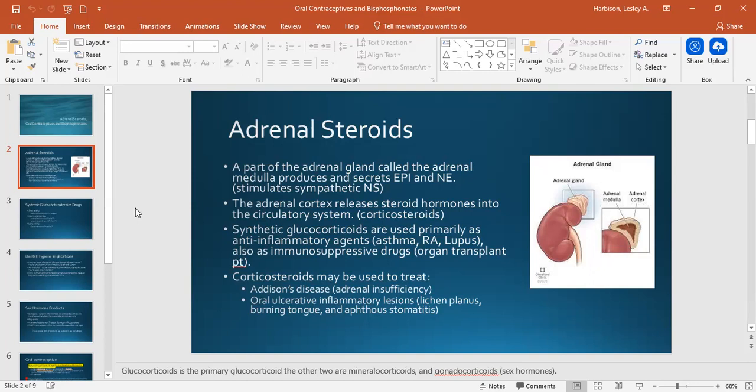Also as immunosuppressant drugs used for organ transplant patients. Corticosteroids may be used to treat Addison's disease, which is adrenal insufficiency, and oral ulcerative inflammatory lesions such as lichen planus, burning tongue, and aphthous stomatitis.